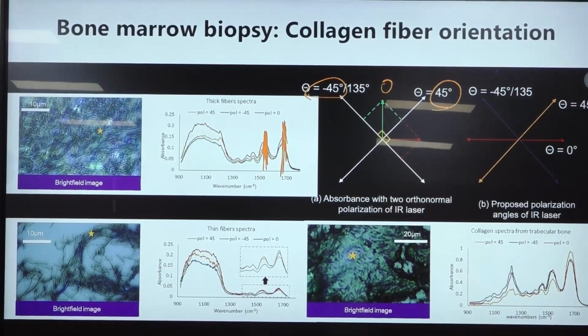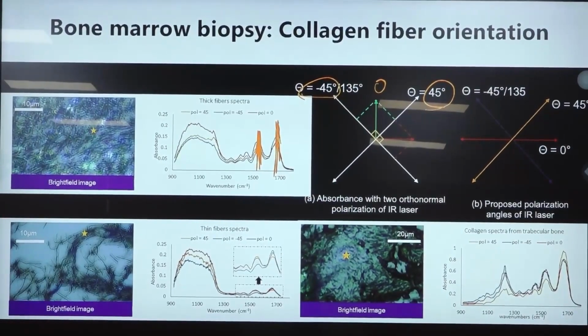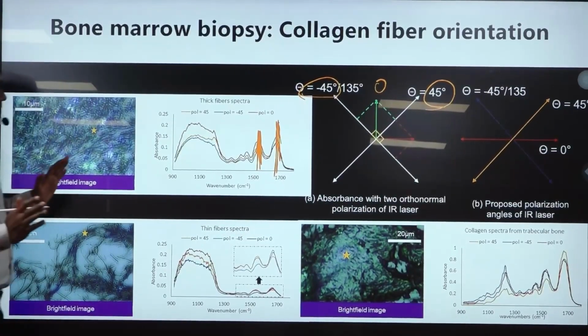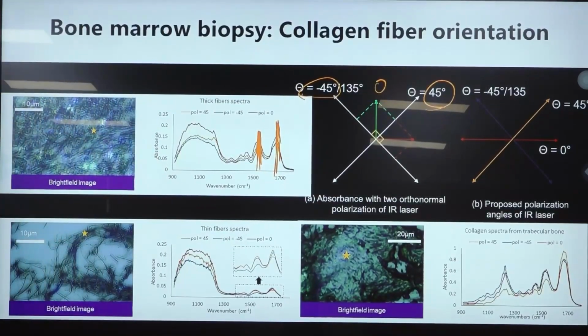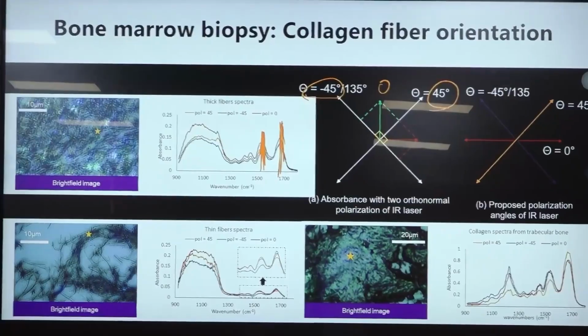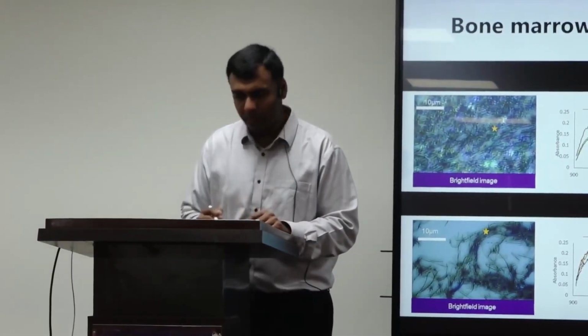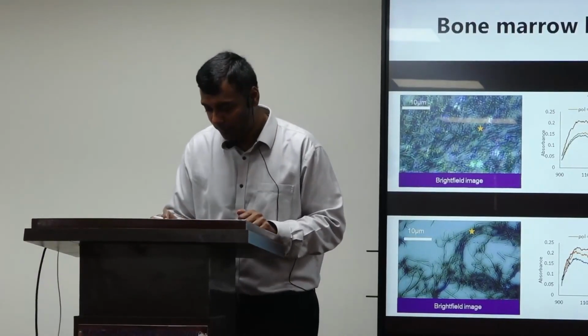So 3 different polarizations at one wavelength, 3 different polarizations at another wavelength. So 6 different measurements of data. By making these measurements, you get full images at both these wavelengths. This is what we called polarization sensitive photothermal imaging. This is a paper from about 2 or 3 years ago.